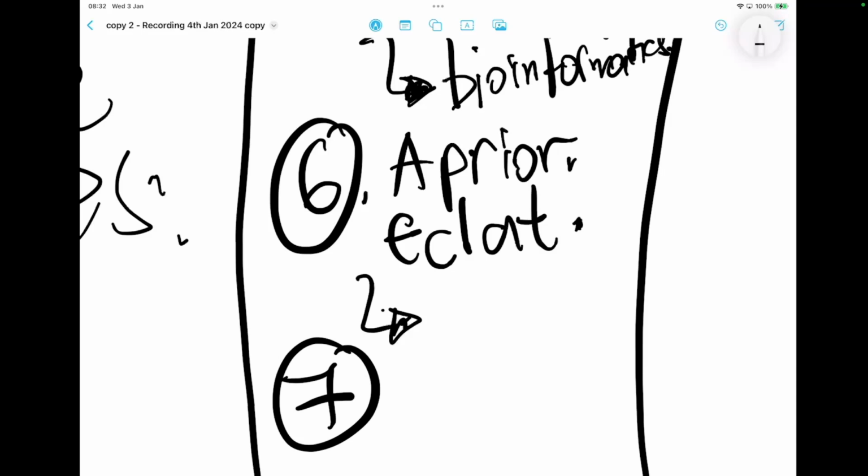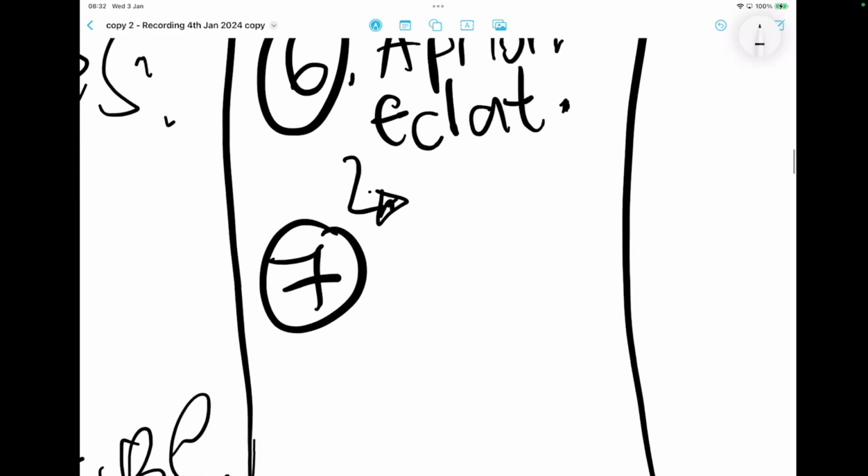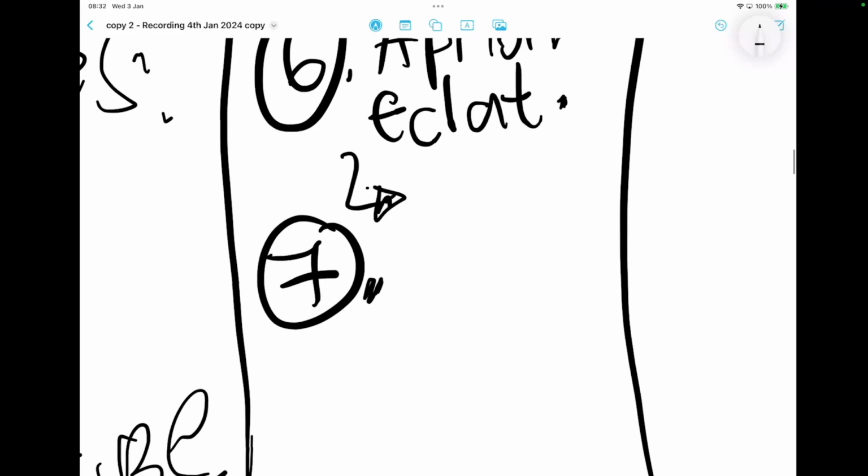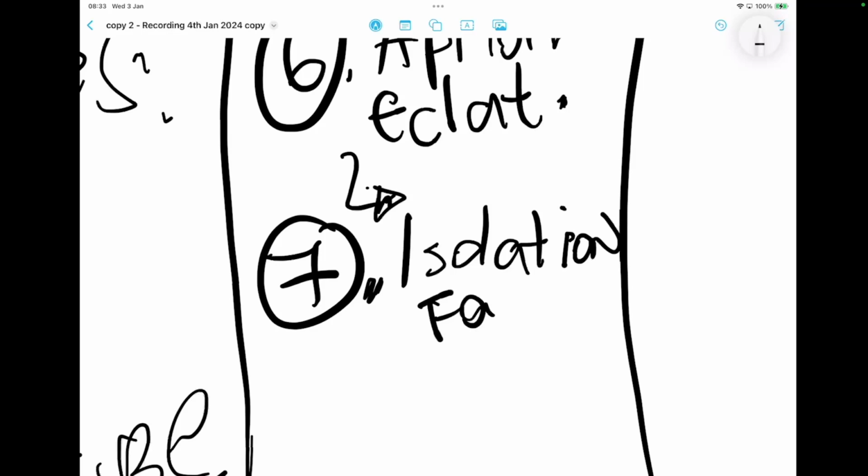The seventh and the last algorithm in this unsupervised learning category is anomaly detection. And here there are multiple different algorithms that you can use, but let's say isolation forests. That's one. That's 7.1.